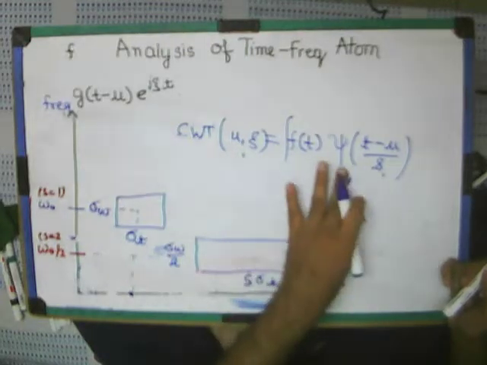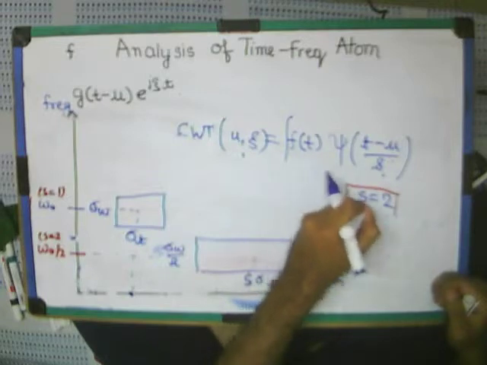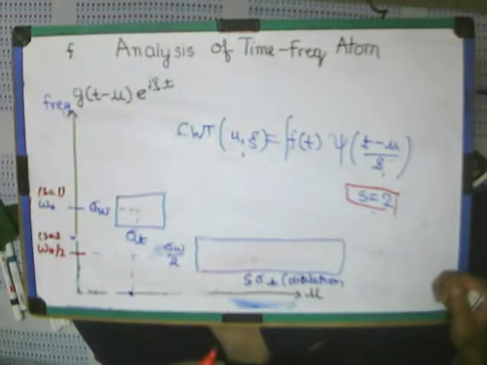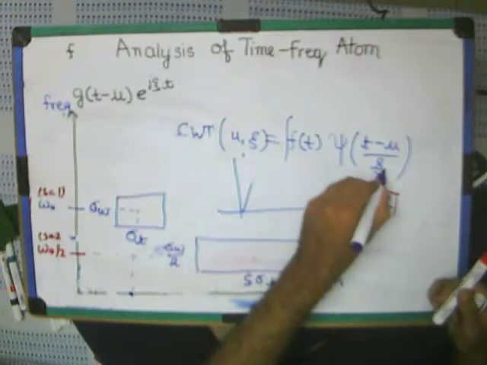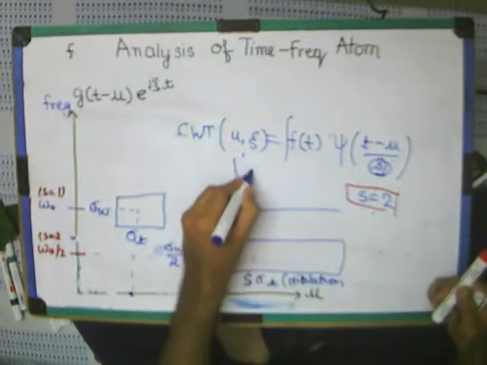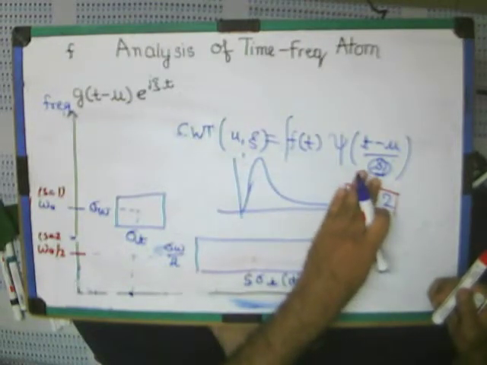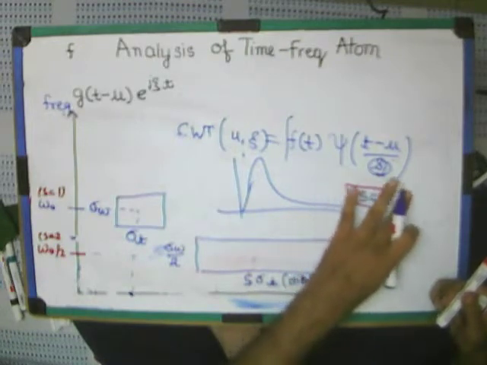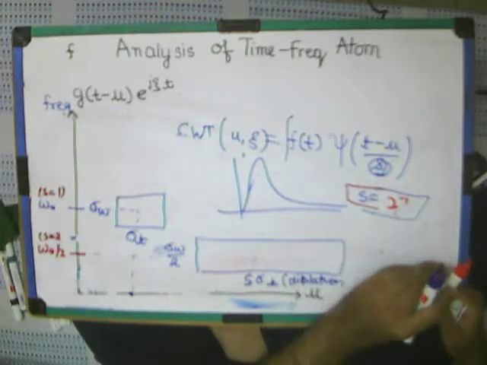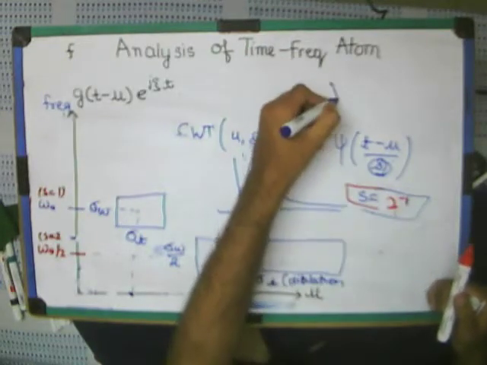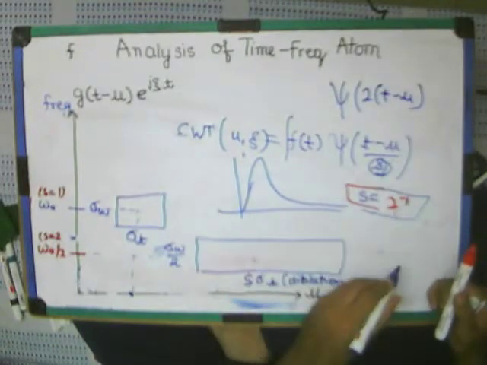And suppose you take this scaling factor equal to 2. Now if I take the scaling factor equal to 2, just tell me, it means that in the time domain there will be a scaling factor of 2 raised to the power minus 1. So this becomes psi of 2 times t minus u, because the scaling factor is 2 raised to the power minus 1.